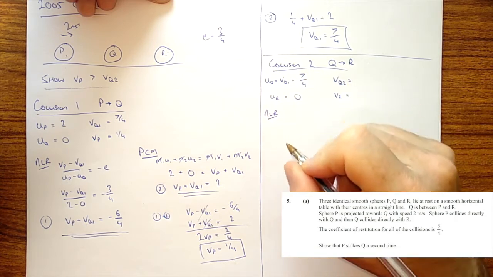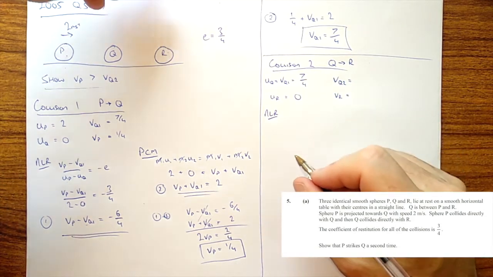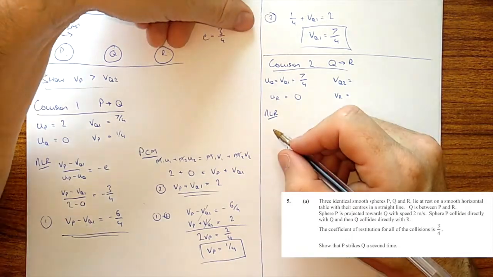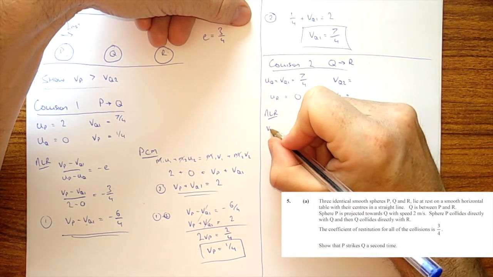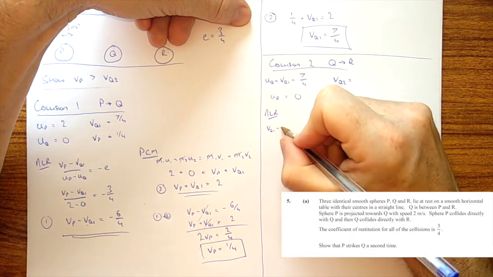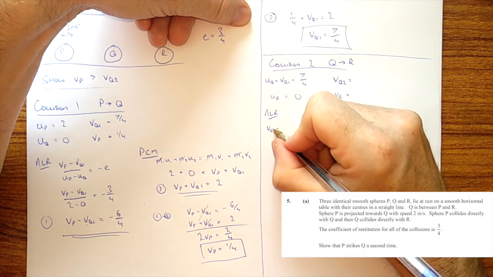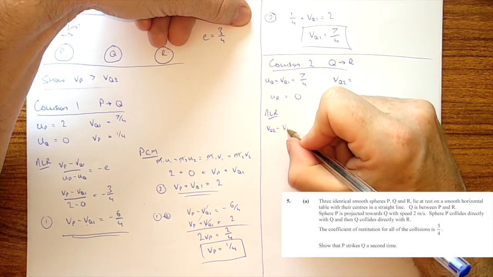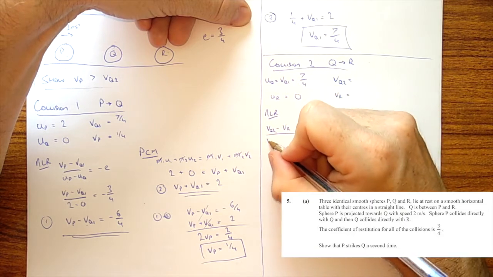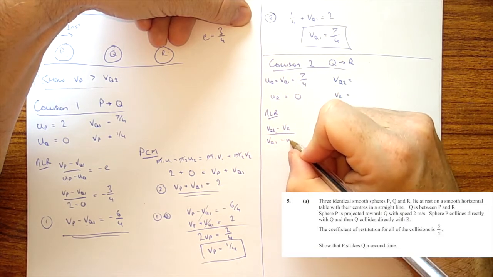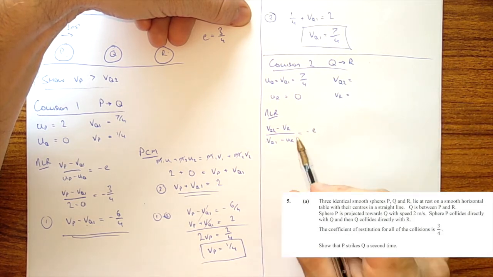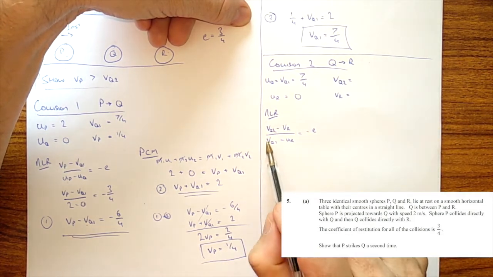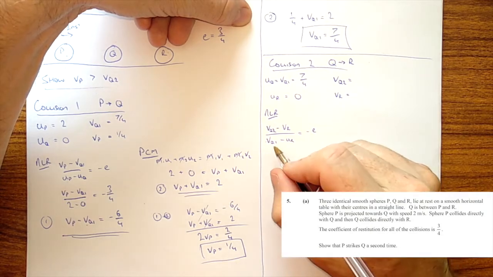Newton's Law of Restitution, step 1. Just to write this out a little bit clearly, we are going to have VQ1 minus VQ2 minus VOR all over VQ1 minus UOR equals minus E. Never underestimate the power of just laying it out to avoid silly little mistakes. You can see I nearly slipped on that one there.